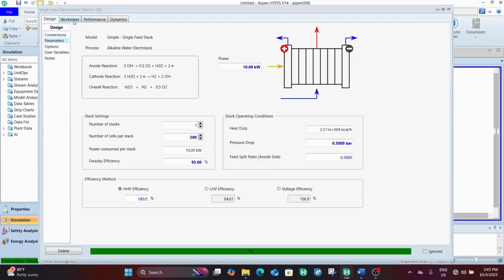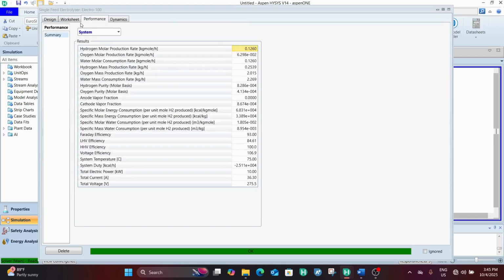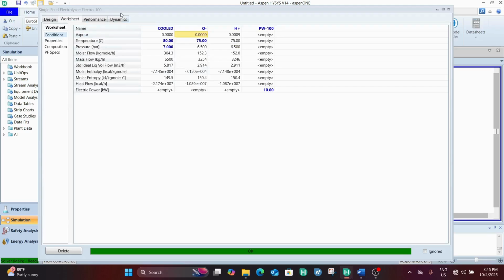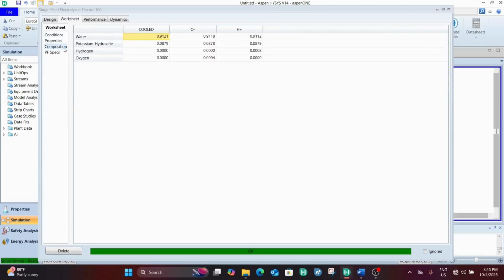Right now we need to look at our composition, see the hydrogen yields, basically the hydrogen percentage, and this is what it looks like. This is our inlet stream to the electrolyzer, and these are our outlets. Inside our outlets for oxygen, we barely generated any oxygen.